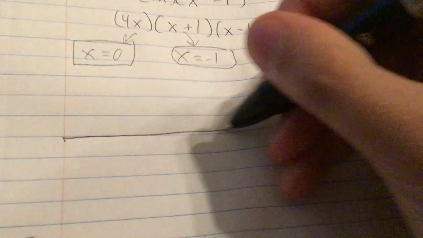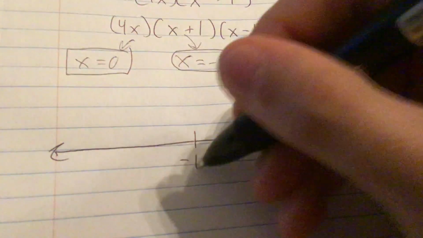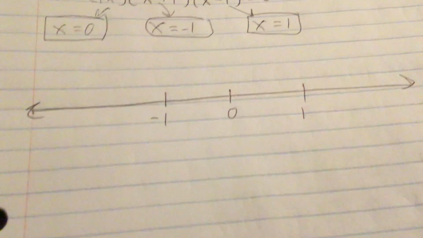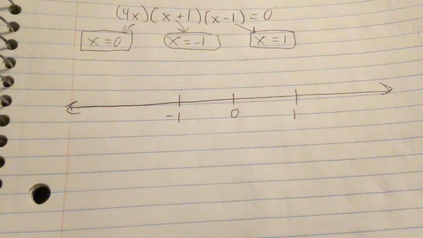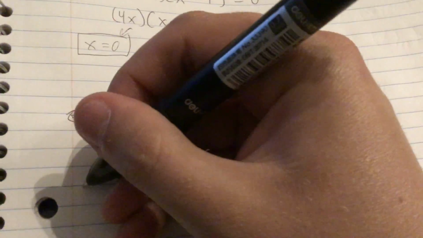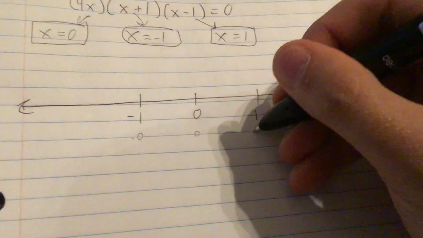So now let's pretend I make a number line and I want to care about the slopes. So I've got 0, I've got negative 1, and I've got positive 1. So I can't really use a horizontal in between these. But basically what you want to do, so this is f prime of x equals 0, 0, 0.